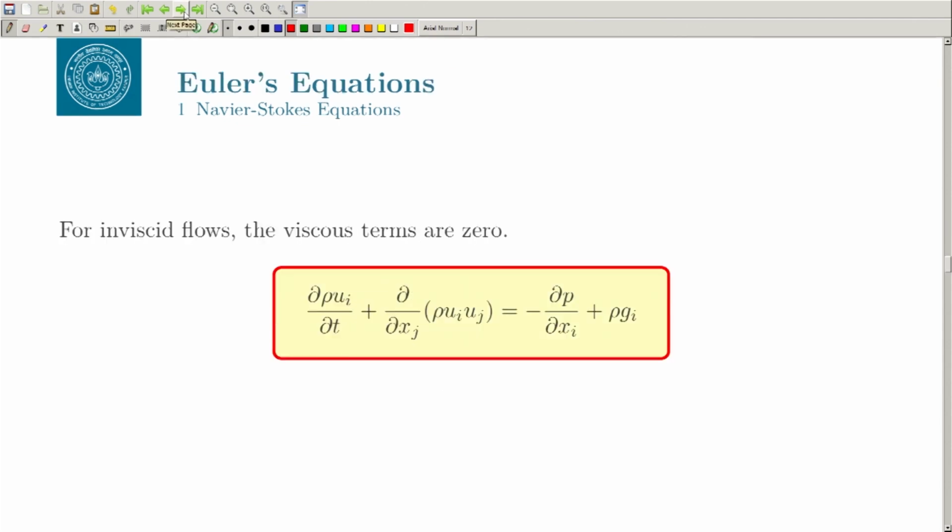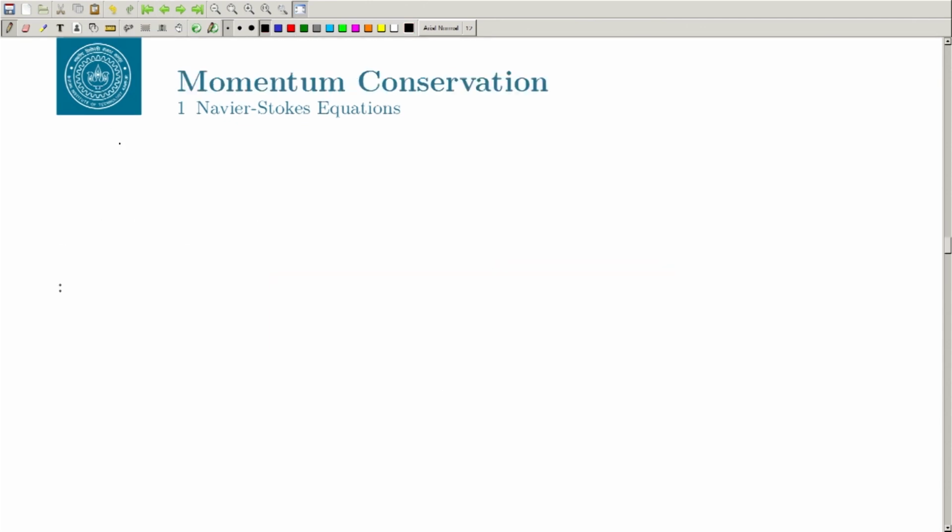Okay. So, now let us go to Euler's equation. Okay. In CFD, many times you would be solving an ideal flow where you can put the viscosity to be 0, right.